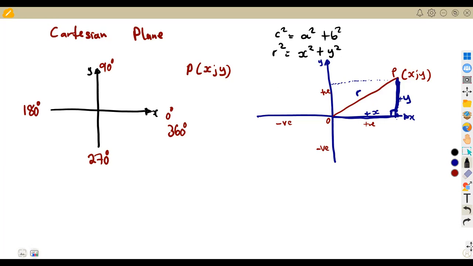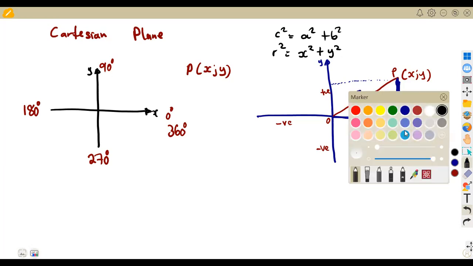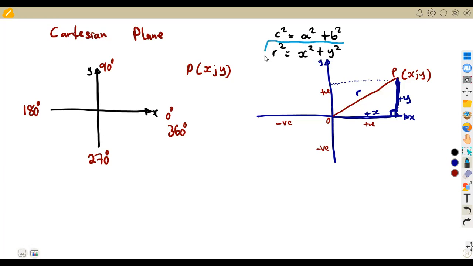So from this formula, simply the Pythagoras theorem, and we know that the Pythagoras theorem is used to calculate the sides. Now because it's on a Cartesian plane, we can have a condition of having negative values. Remember, I was saying if you're just given a normal triangle like that, your values are all taken as positive.